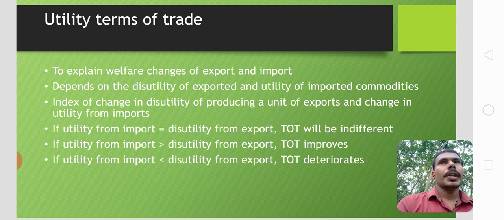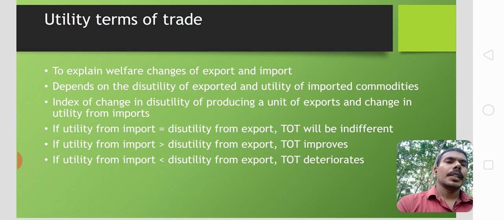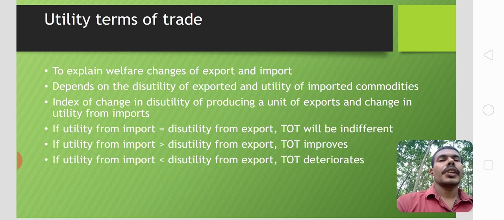So when we give more commodities, and import commodities have more utility, it will affect the utility terms of trade or welfare status of a nation.